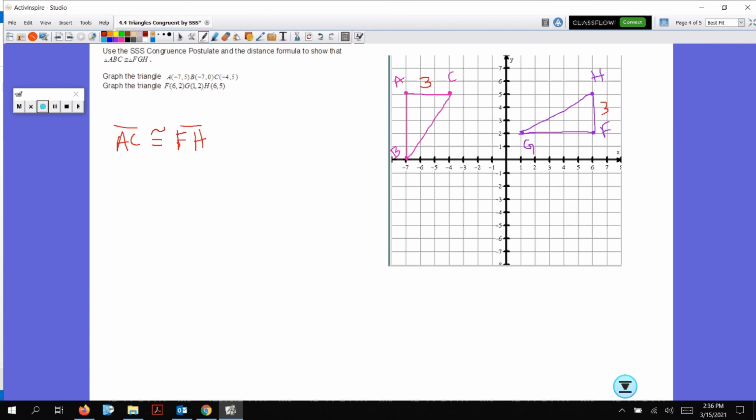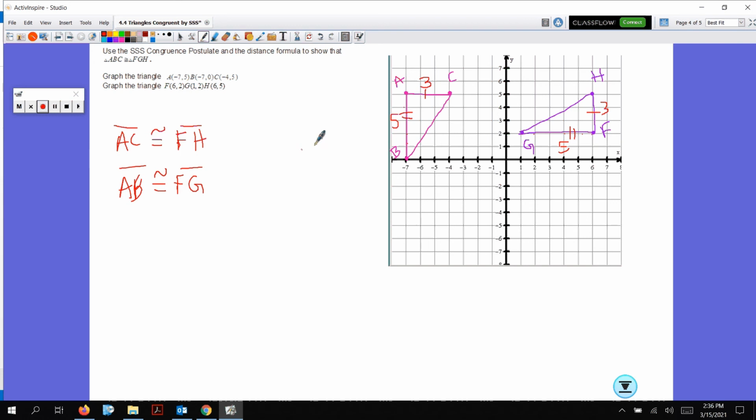So AB is 1, 2, 3, 4, 5, that's 5. And FG is 1, 2, 3, 4, 5, also 5 units. So they are also congruent. I'm going to put a little hash mark here for the 3 and 2 hash marks for the 5. All right, so we know that AB is congruent to FG because they have the same length, right?